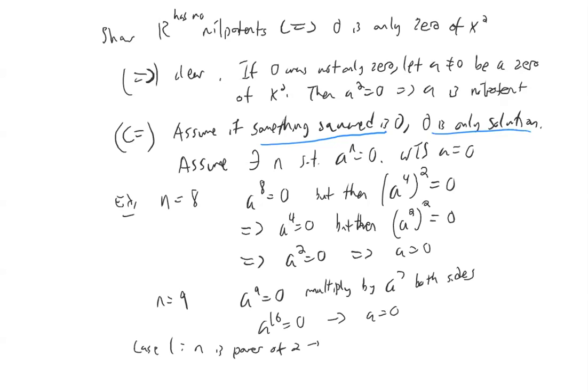So in case 1, n is a power of 2, you just do it by induction, right? So follow this: you're going from a to the 2 to the power of k is 0, but then a to the 2 to the power of k is just a to the 2 to the k minus 1, squared, is 0.